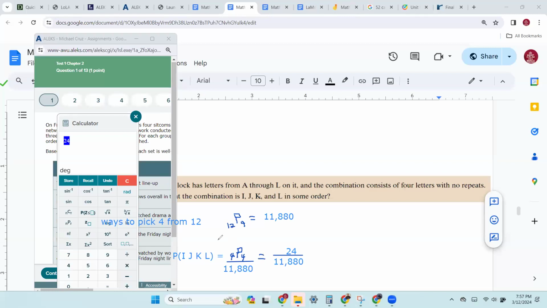All right, so let's go ahead and take that and round it.